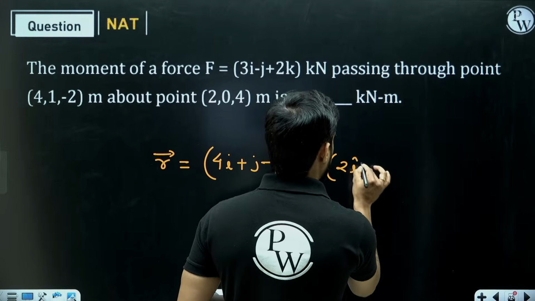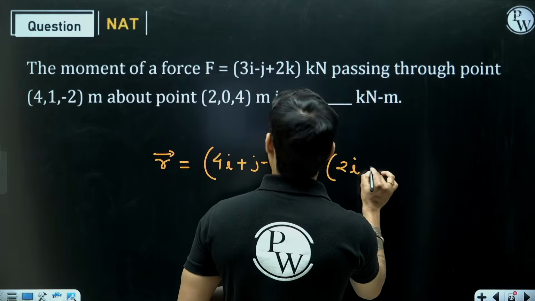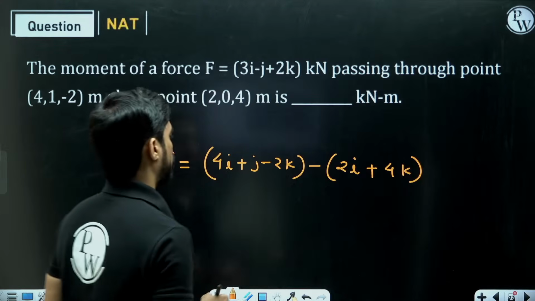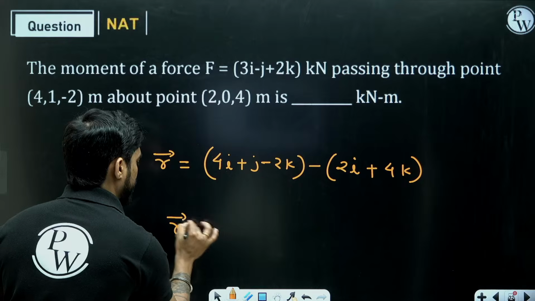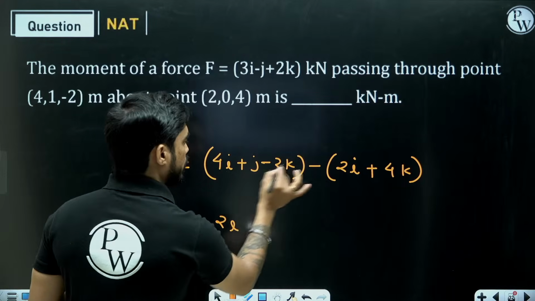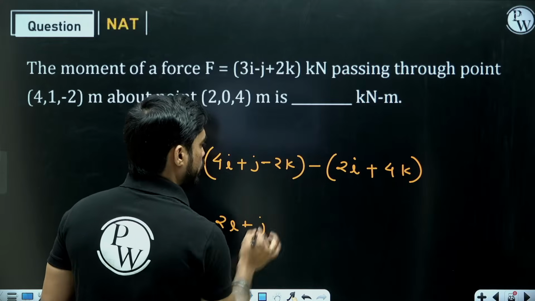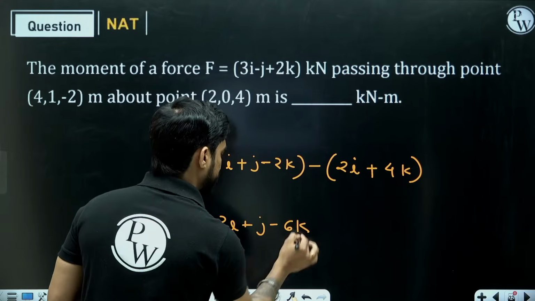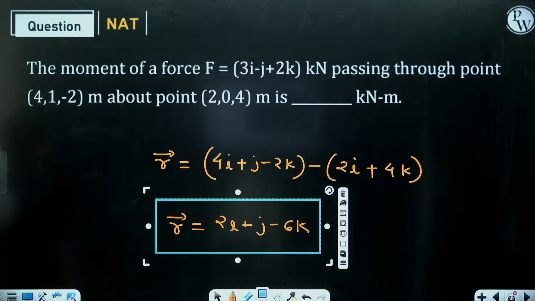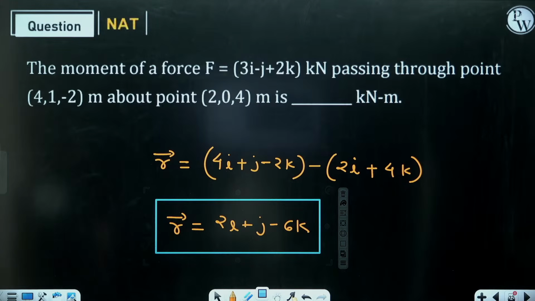So what will be the position vector, beta? 4i minus 2i. It will be 2i plus j minus 6k. So we have got the position vector 2i plus j minus 6k.